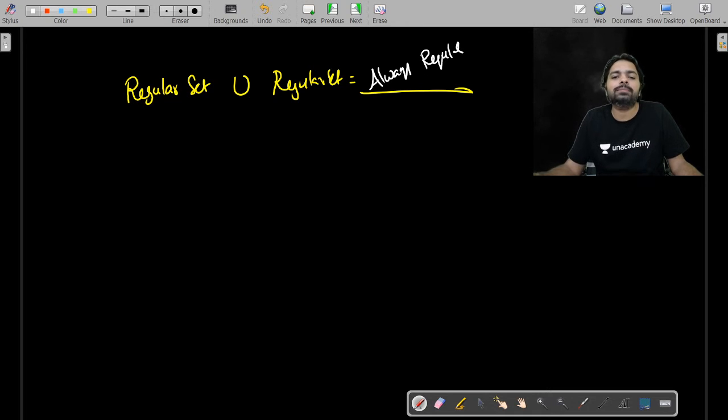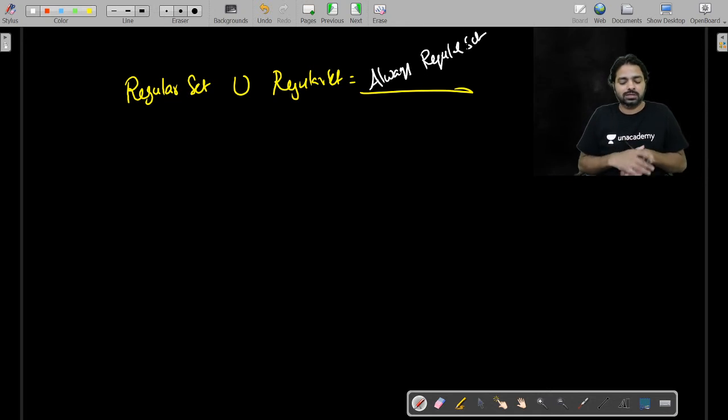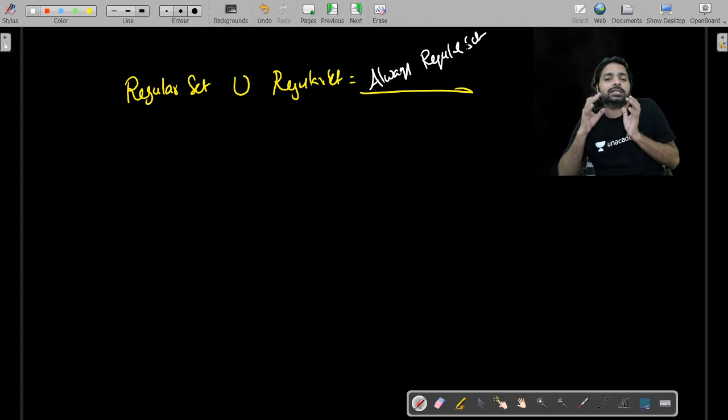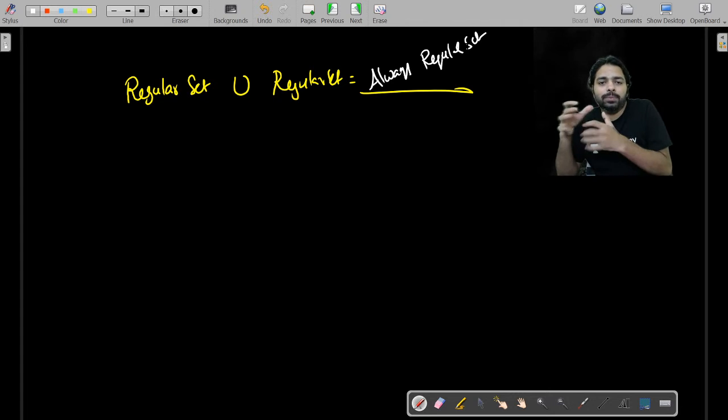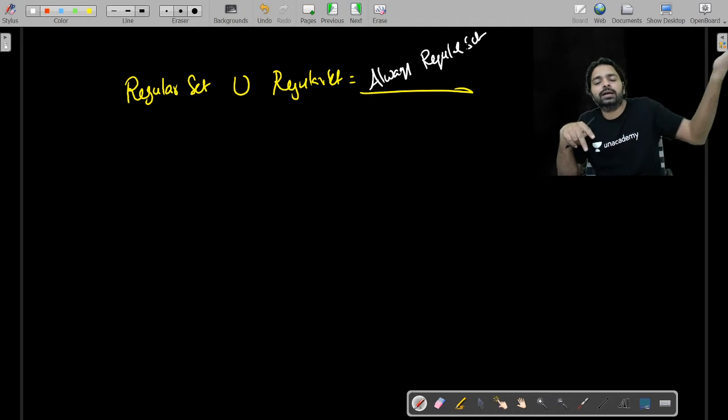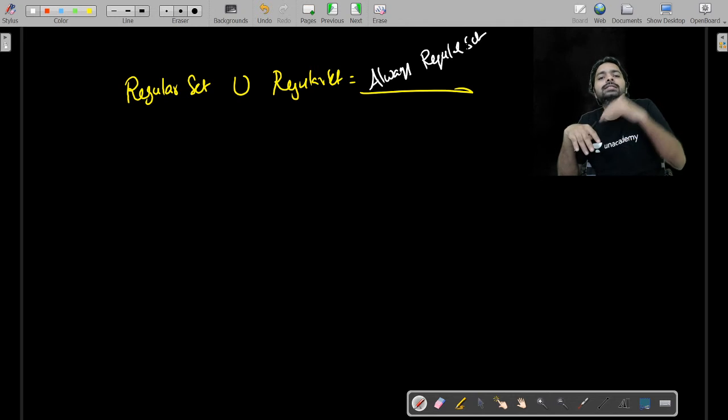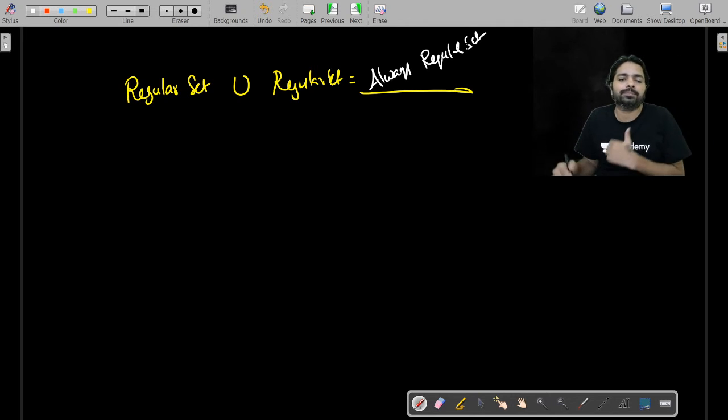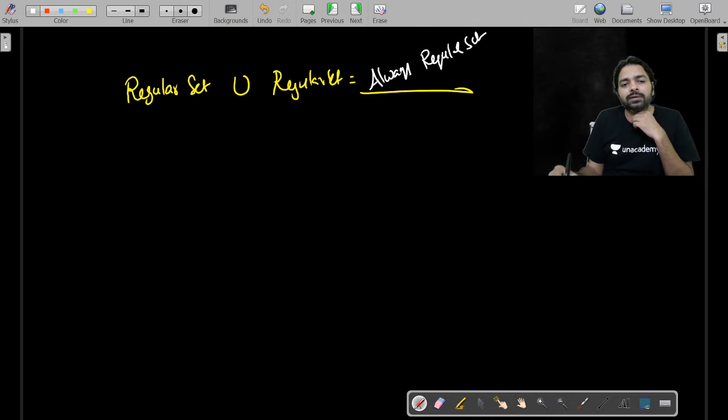It belongs to the same domain. In general, if you take two languages from the same domain, the result may be in the same domain or outside, sometimes inside, sometimes outside, depending on the example. So this is the closure property.